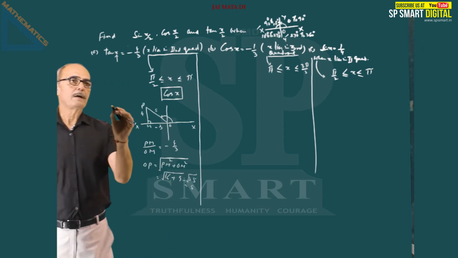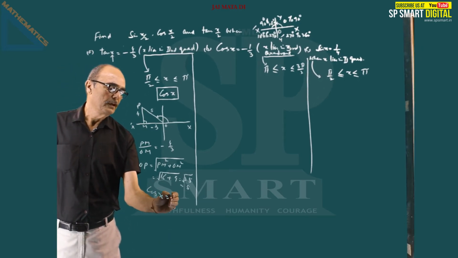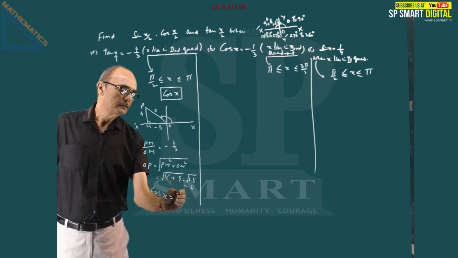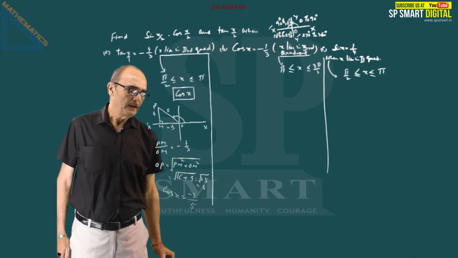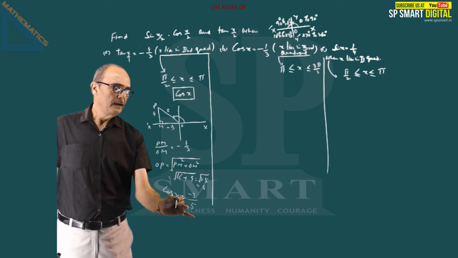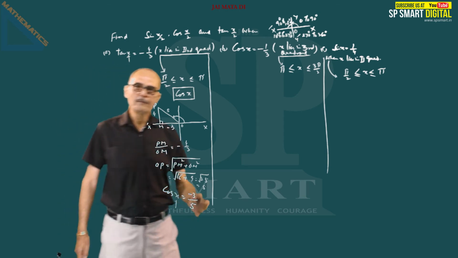So, therefore, cos x equals base upon hypotenuse, minus 3 by 5. And of course, here x lies in the second quadrant where the value of cos x is negative.